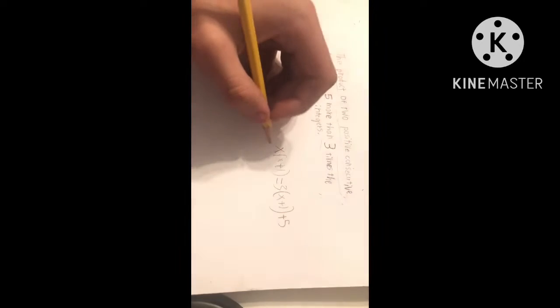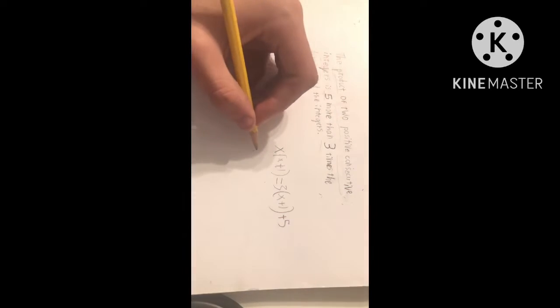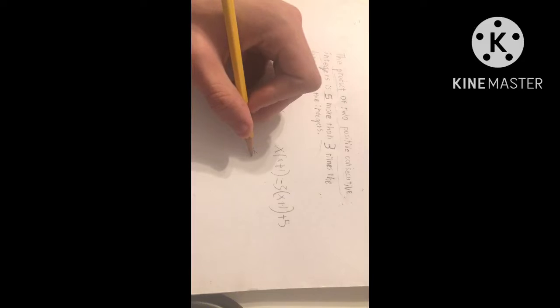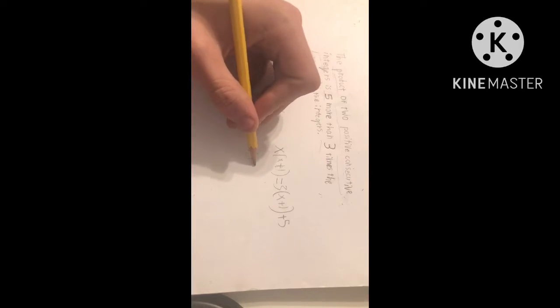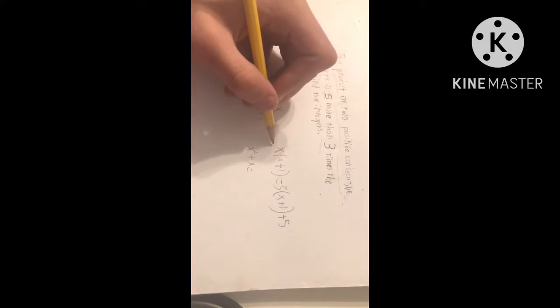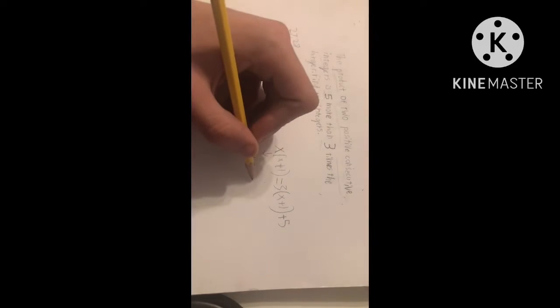So we have x times x plus 1, which can be written as x squared plus x, and that's for the first side.